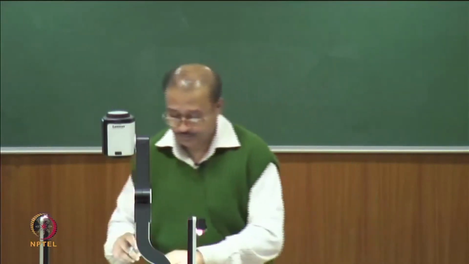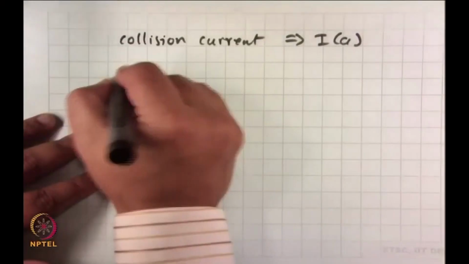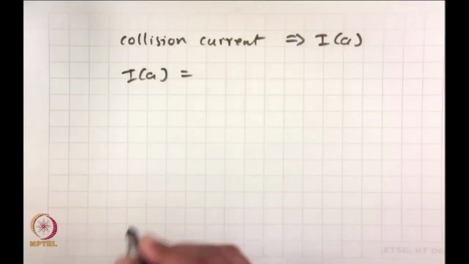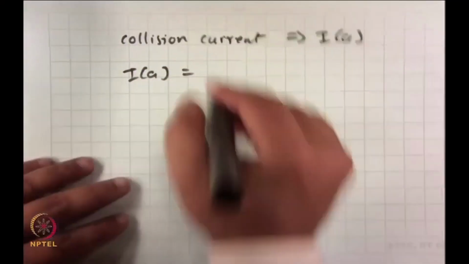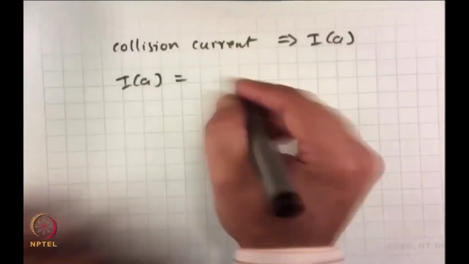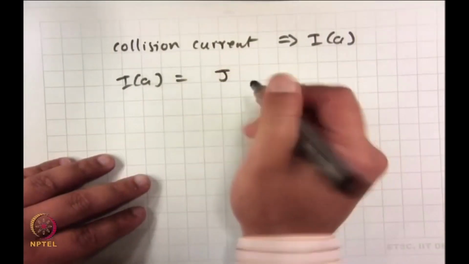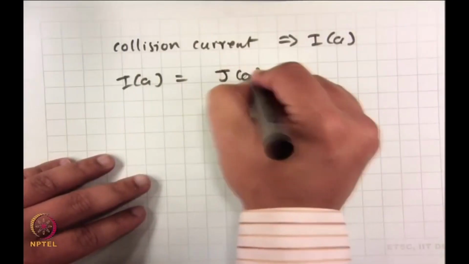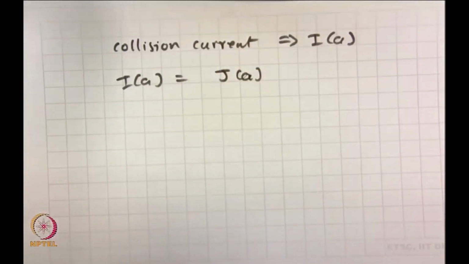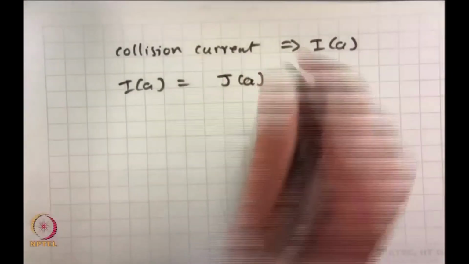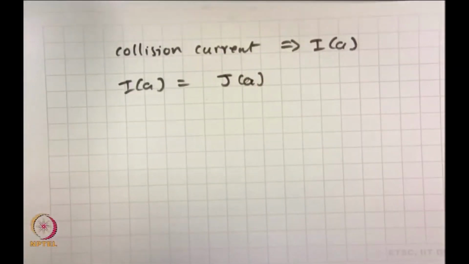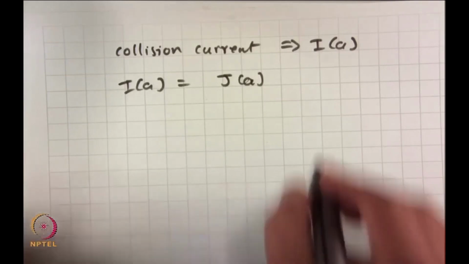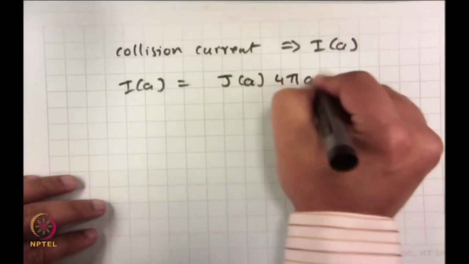If you do that, I of A would be equal to J calculated at r is equal to A, because A is the radius of the sphere where the particles come in and diffuse and react, times area. But what area should we be considering now? Surface area of the sphere. What is the surface area of a sphere? 4 pi r squared. In this case it would be 4 pi A squared.